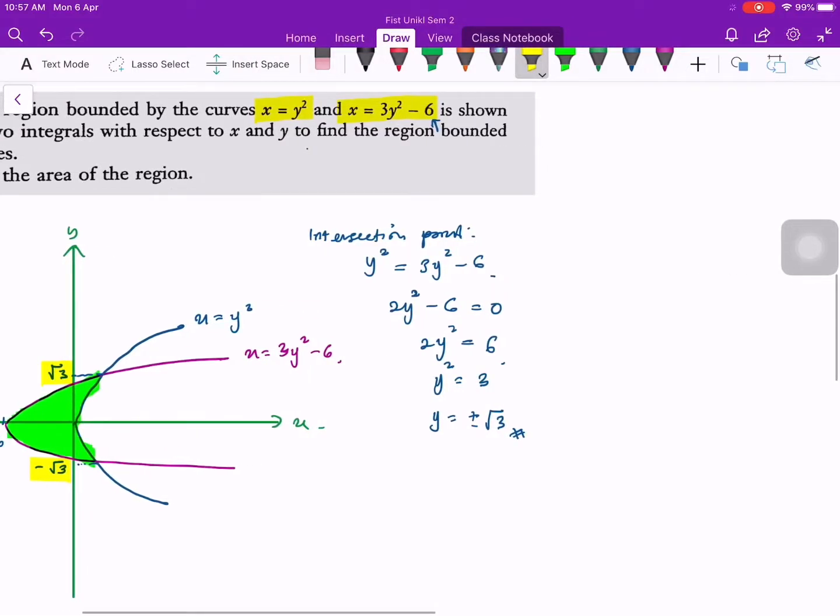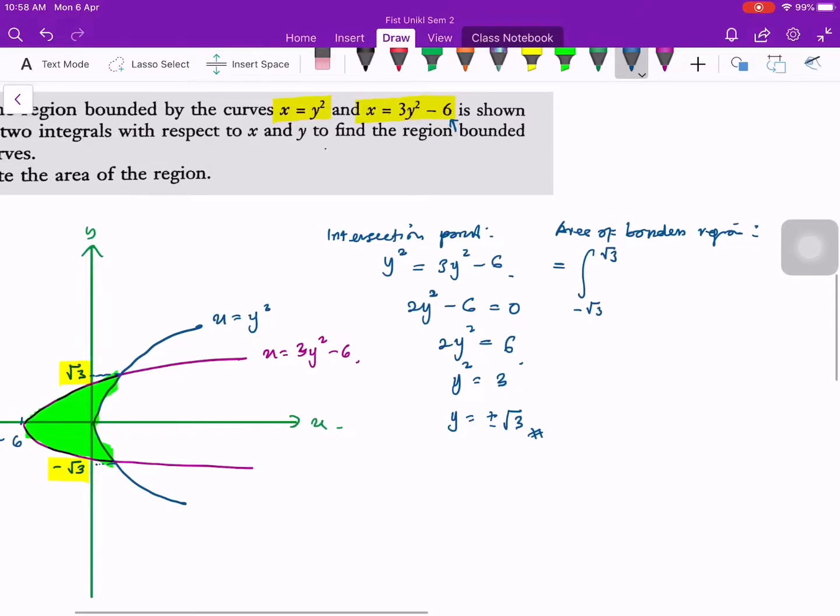We will do the integrations since we are looking for the area of the bounded region, whereby we're going to integrate from minus root 3 to root 3. Of course now we have to rectify which one is greater.